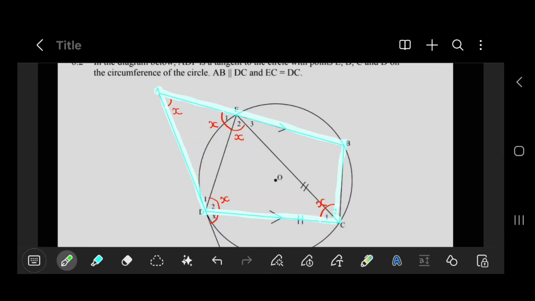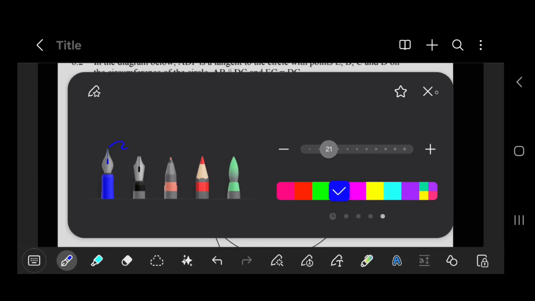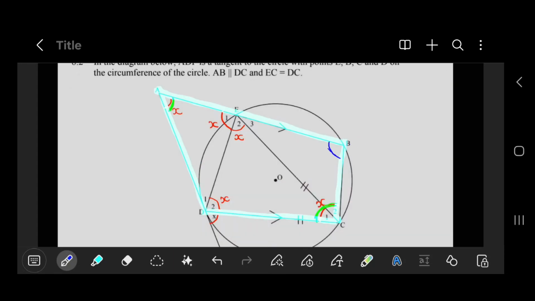Now, we can already see one pair of them that are equal. We can see that angle A and this part, which we called BCD, is equal to each other. So here's the thing. If we are able to prove that angle B and this D1 and D2 together are equal to each other, then we have shown that yes, it is a parallelogram because the opposite angles are equal.